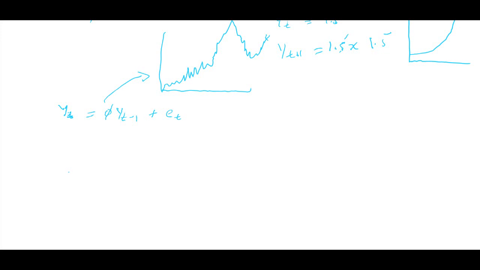Let us make it stationary. yt is equal to 1 times yt minus 1 plus et, and taking the difference, yt minus yt minus 1 is equal to yt minus 1 plus et, taking the difference over here as well minus yt minus 1.